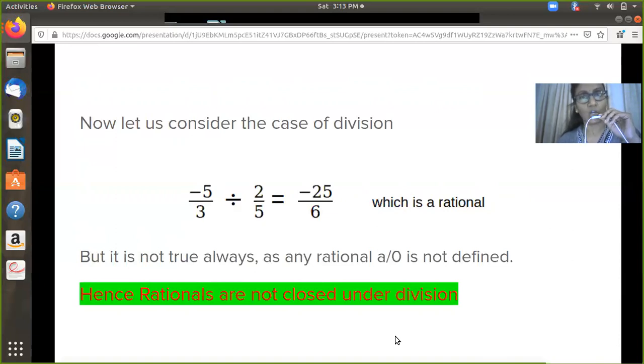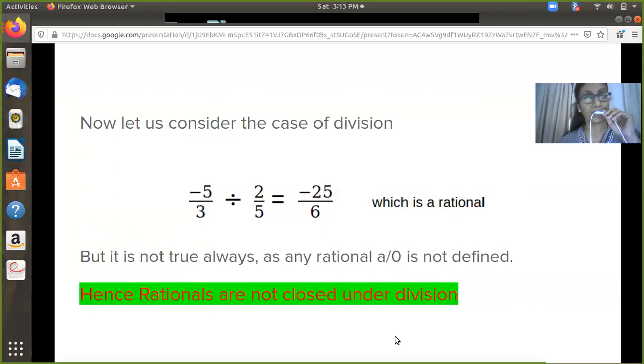We are not able to clearly say that at all instances when I divide one rational by another, I would definitely end up only with a rational, because I have given you an example where sometimes you may end up with a 0 in the denominator, and 0 is a rational.